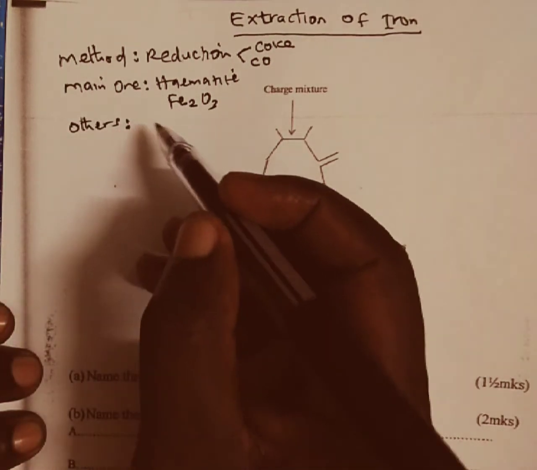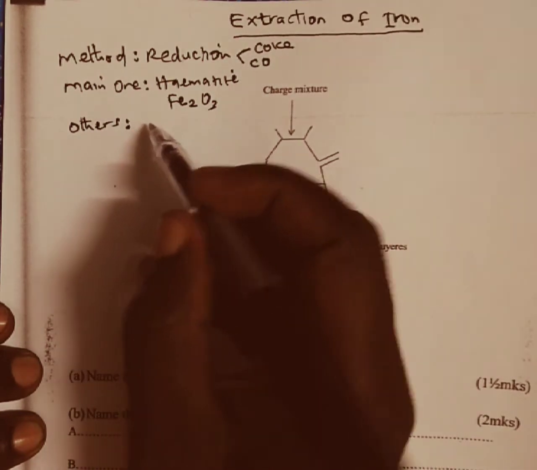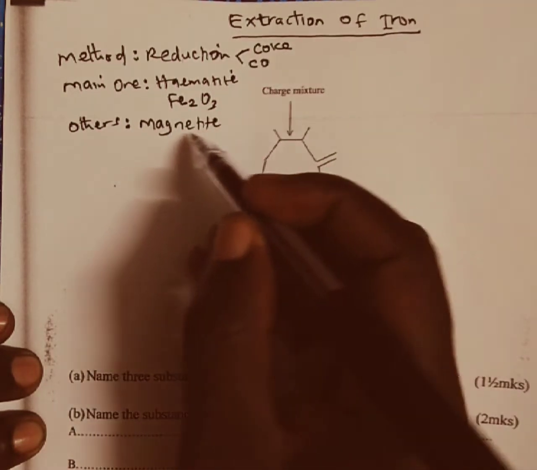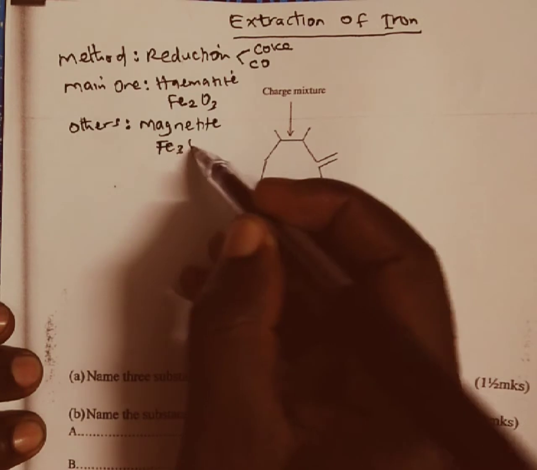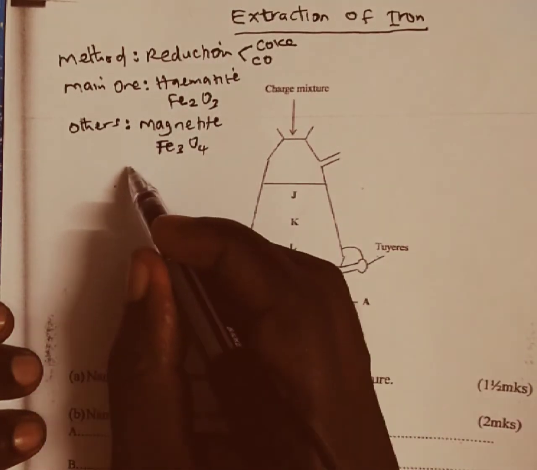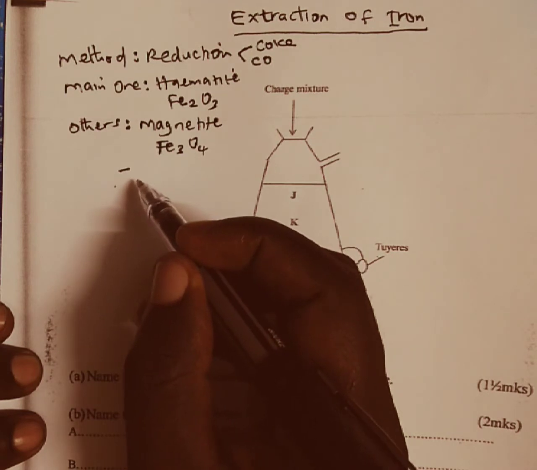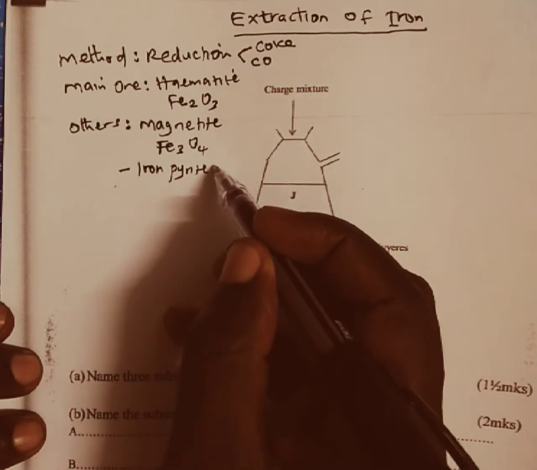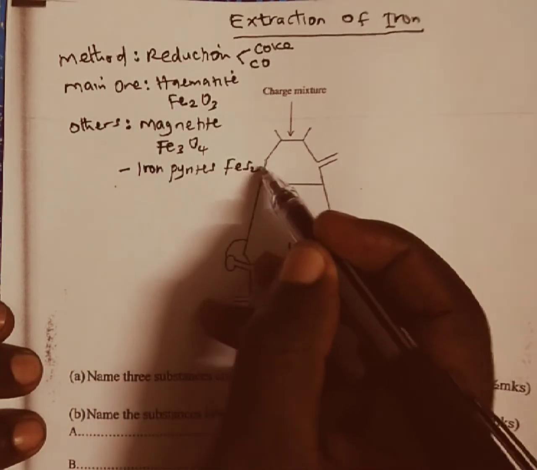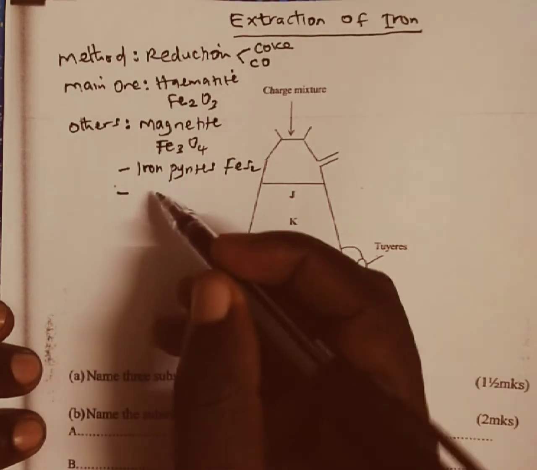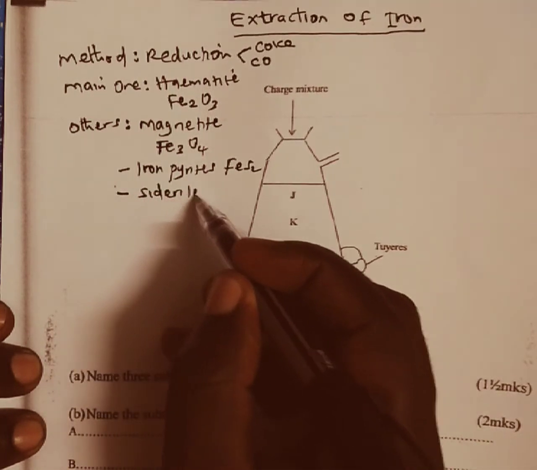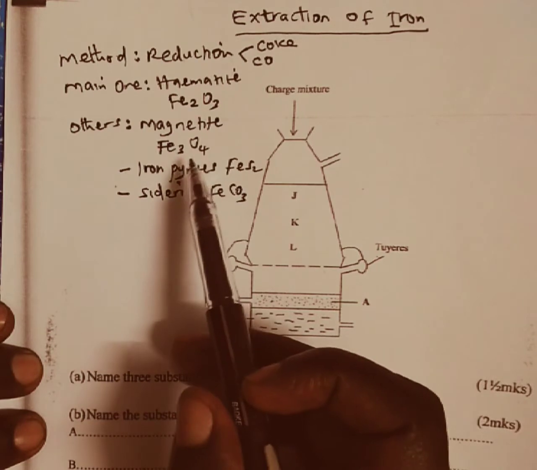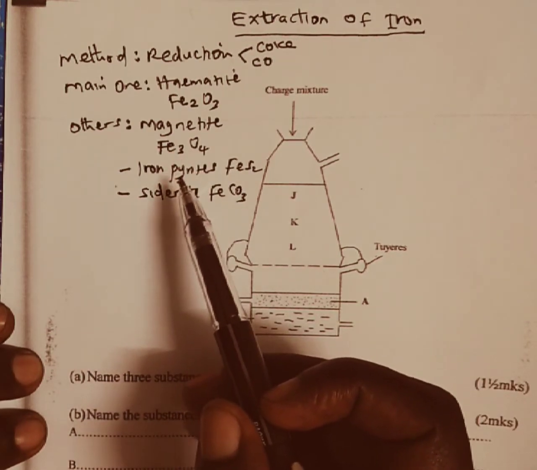The other ores that can be used to extract iron, we have magnetite, whose formula is Fe3O4. We can also extract iron from iron pyrites, which is FeS2. The last one is siderite, which is iron 2 carbonate. All these are the ores that can be used to extract iron.